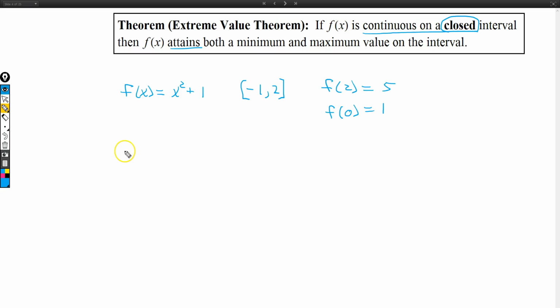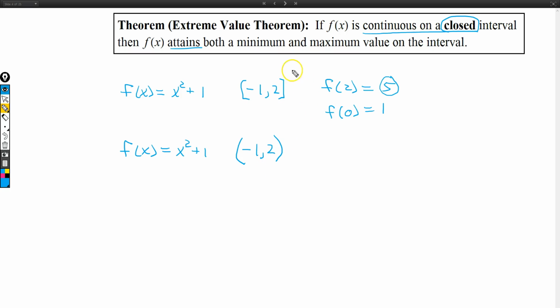But for the next example, we saw that for the same function defined over an open interval, f of x did not attain its maximum value of 5. If you look back at the graph, it did actually still attain its minimum value. f of 0 is 1 and 0 is in this interval, but it did not attain its maximum value.